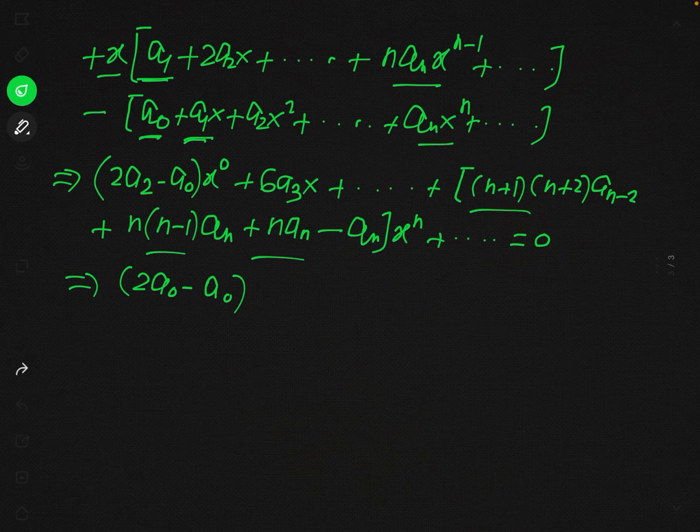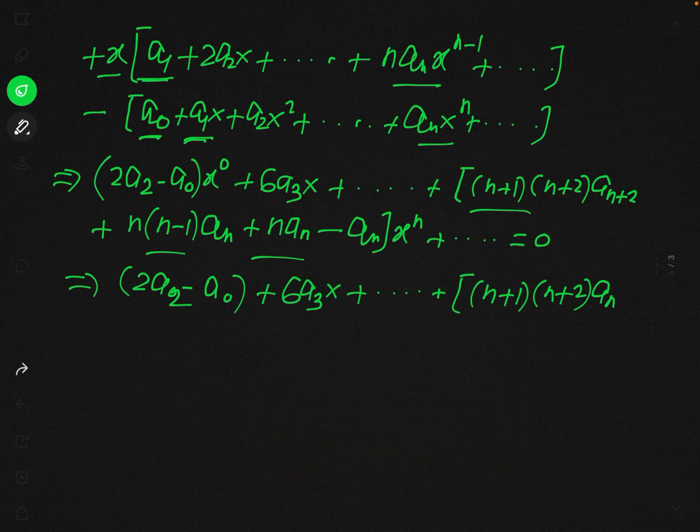So you can write simply 2a2 minus a naught, plus 6a3 into x, and so on, plus n plus 1 into n plus 2 into a n plus 2.